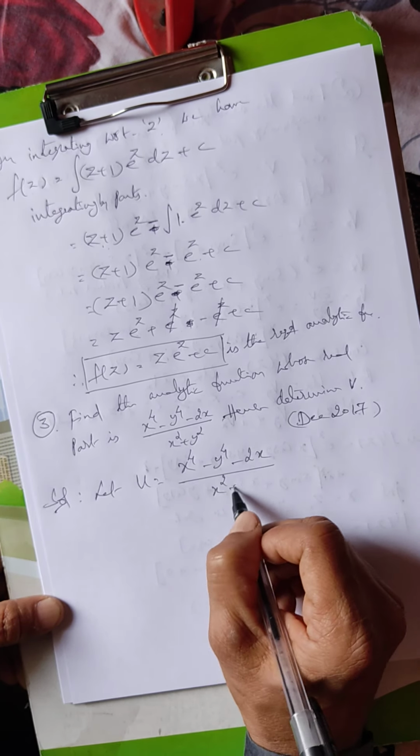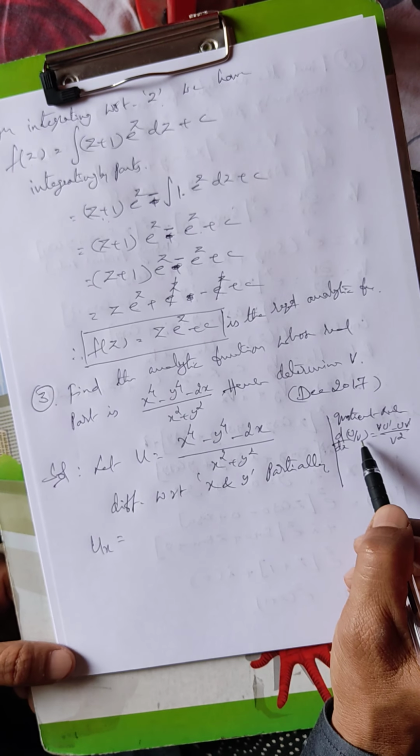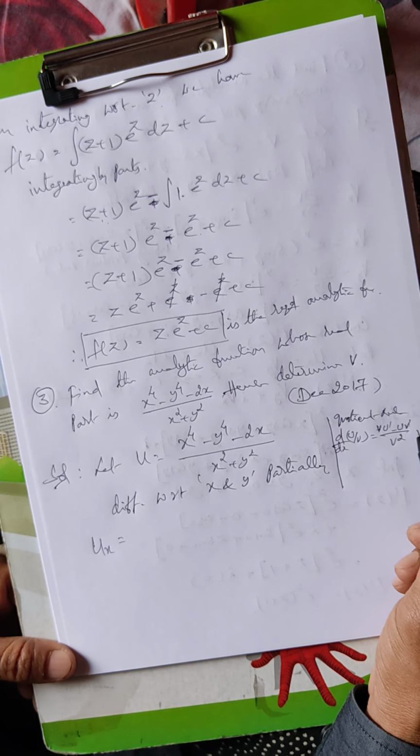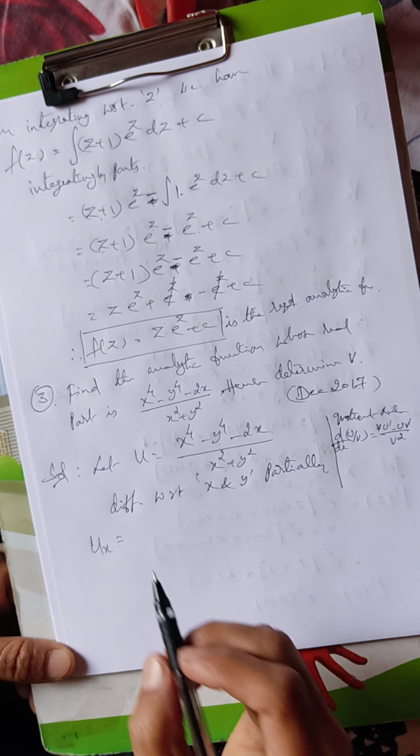Quotient rule: d by dx of u by v is equal to v into u dash minus u into v dash divided by v square. First denominator into derivative of numerator minus numerator into derivative of denominator by denominator square.